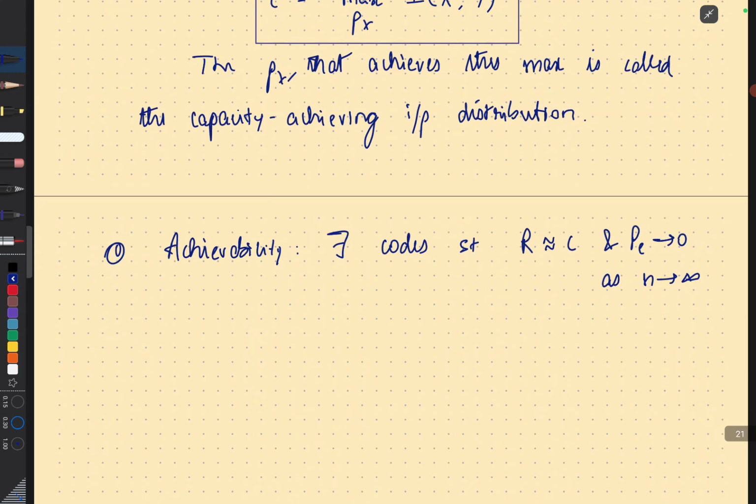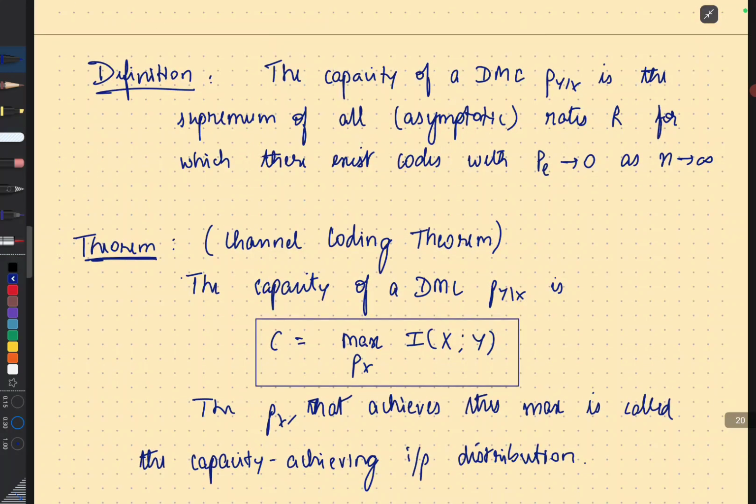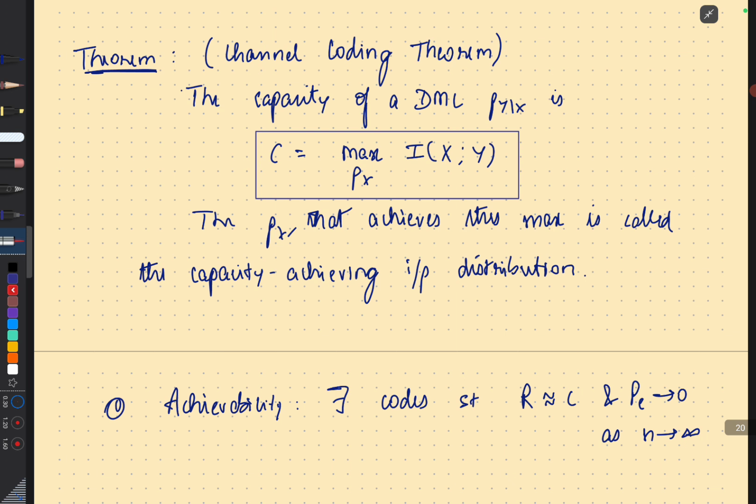That's one part. That's by definition the capacity. The capacity is the largest rate for which the probability of error goes to 0 as n tends to infinity.